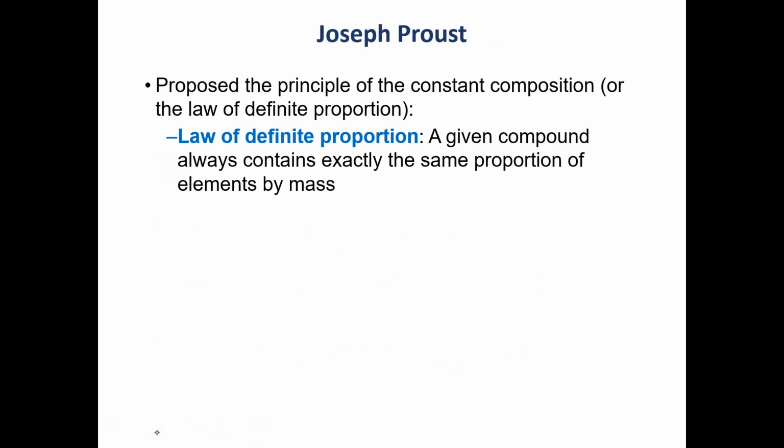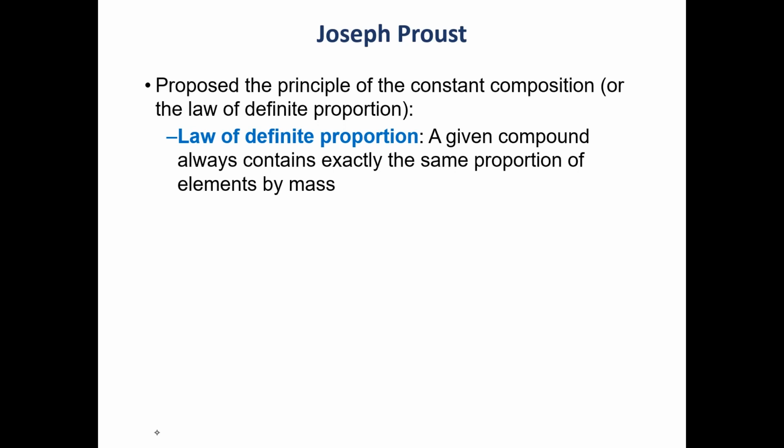Joseph Proust was the one who defined the law of constant composition. We talked a little bit about this in the first chapter. The law of constant composition, or the principle of constant composition, is also known as the law of definite proportions. That law tells us that a given compound always contains exactly the same proportion of elements by mass.